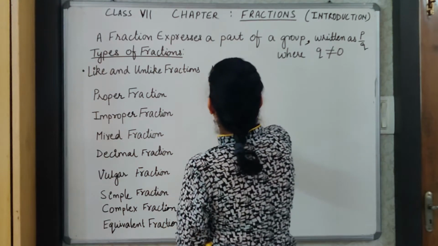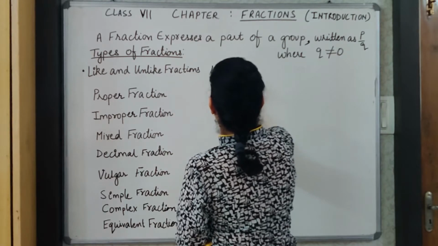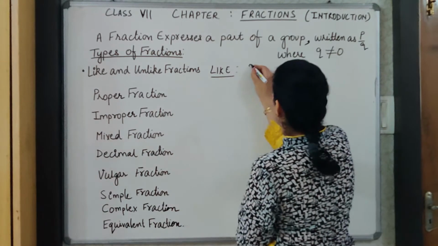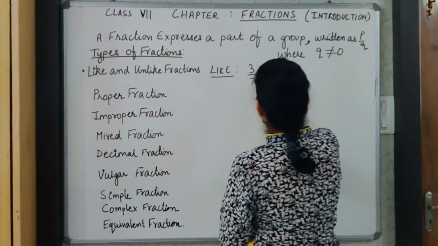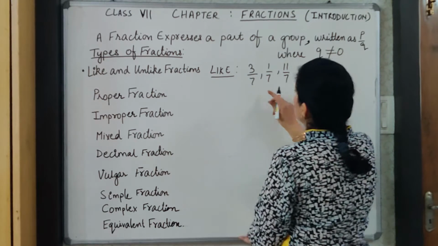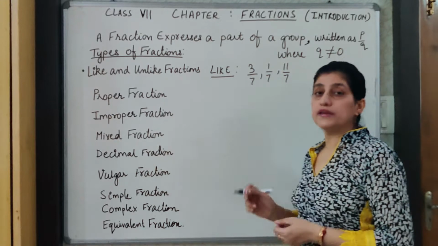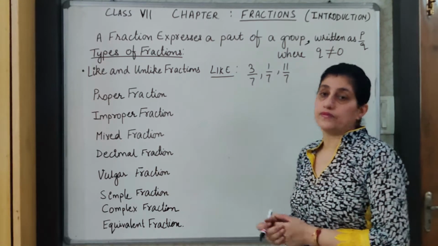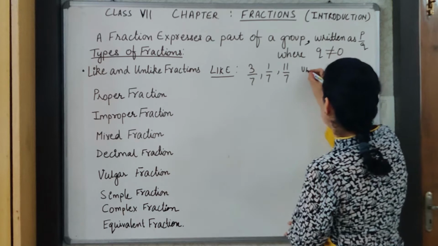So some examples of like fractions can be, say, 3 upon 7, 1 upon 7, 11 upon 7. So what is required? The denominator should be same. Then we have unlike fractions.